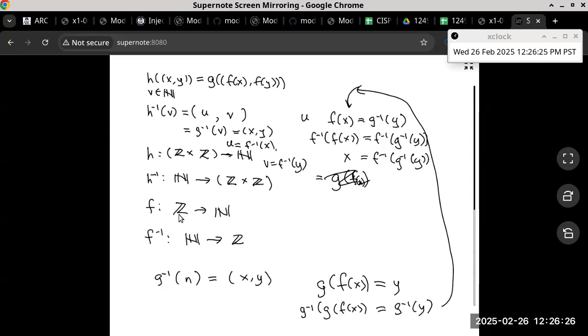I'm not sure what you mean by equalize. They become two different equations. So u is the result of f inverse applied to x. v is f inverse applied to y. And ultimately, when we apply h inverse to v, we end up with, oh, I guess I should not be using v again.